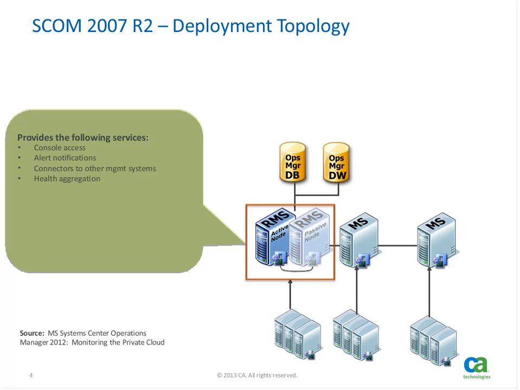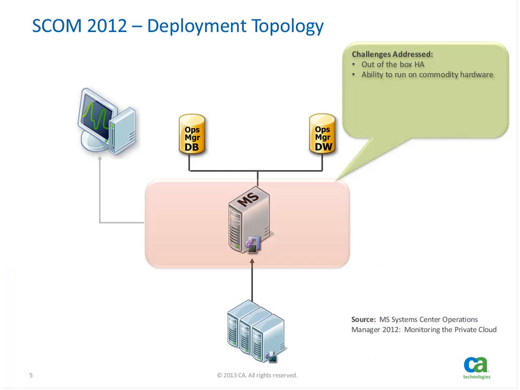In SCOM 2012, they did define some additional services where they have multiple management servers, and if one falls over, you can automatically connect to the next. So in that world, if you are using only a single management server in a SCOM 2007 type way, then you can go ahead and use the earlier version, the Catalyst 2.5 version of the connector.